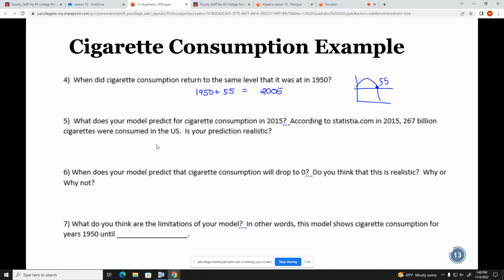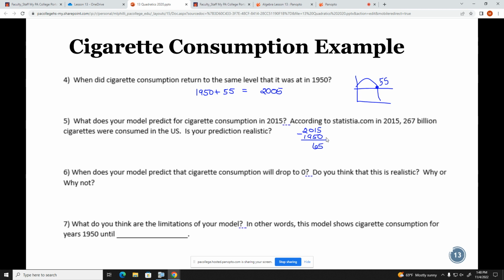What does your model predict for cigarette consumption in 2015? To figure out what year I'm looking for, I'll take 2015 and subtract 1950, which is serving as my year 0. When I do that, I get that I'm looking for year 65.